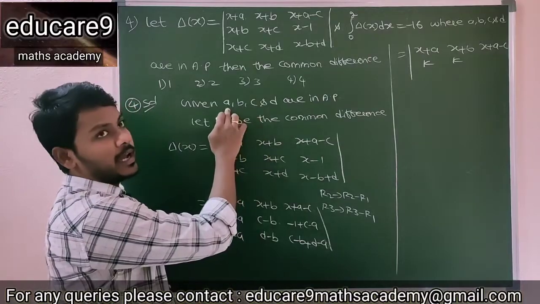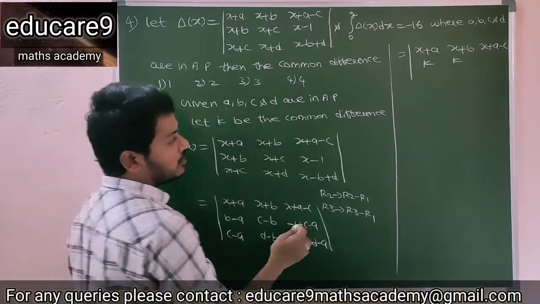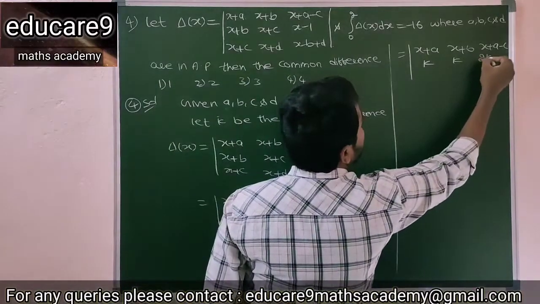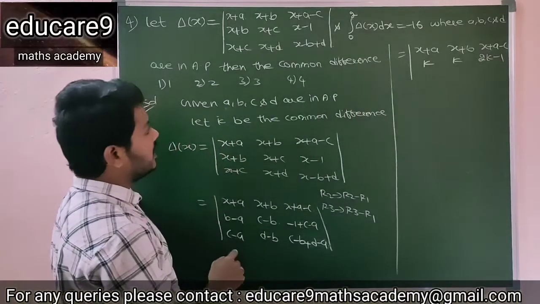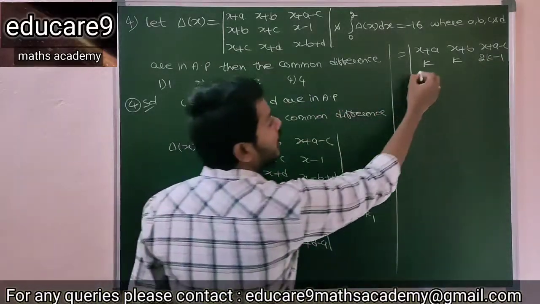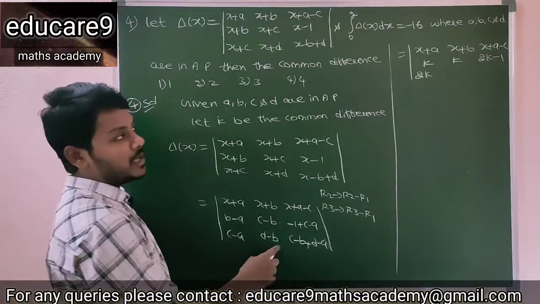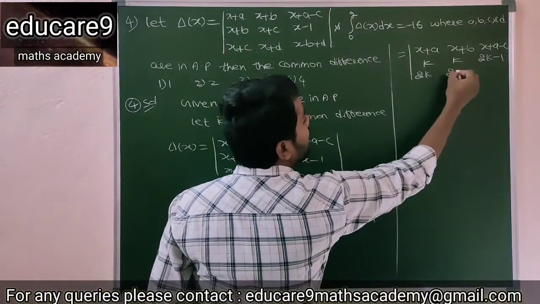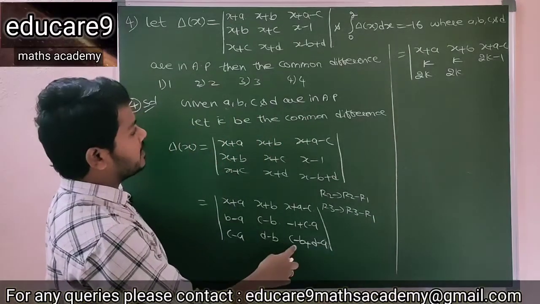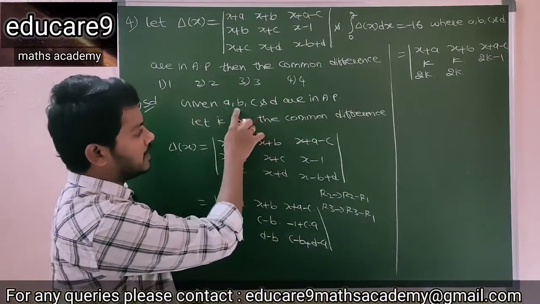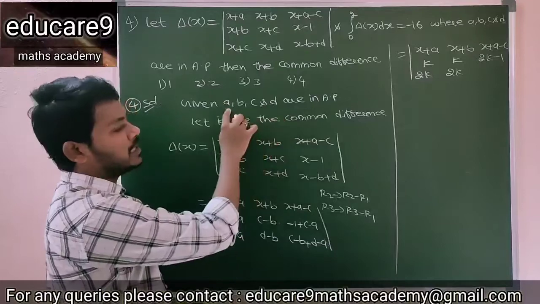So next c minus a, that is 2k, minus 1. Next c minus a, that is also 2k. Next d minus b, that is 2k. And here c minus b, that is k. And d minus a, that is 3k.